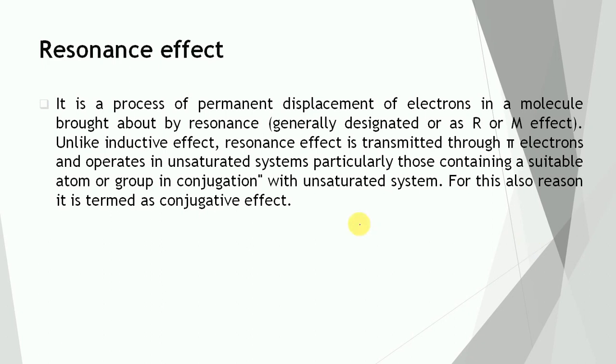Unlike the inductive effect, the resonance effect is transmitted through pi electrons and operates in unsaturated systems, particularly those containing a suitable atom or group in conjugation with the unsaturated system. For this reason, it is also termed the conjugative effect.